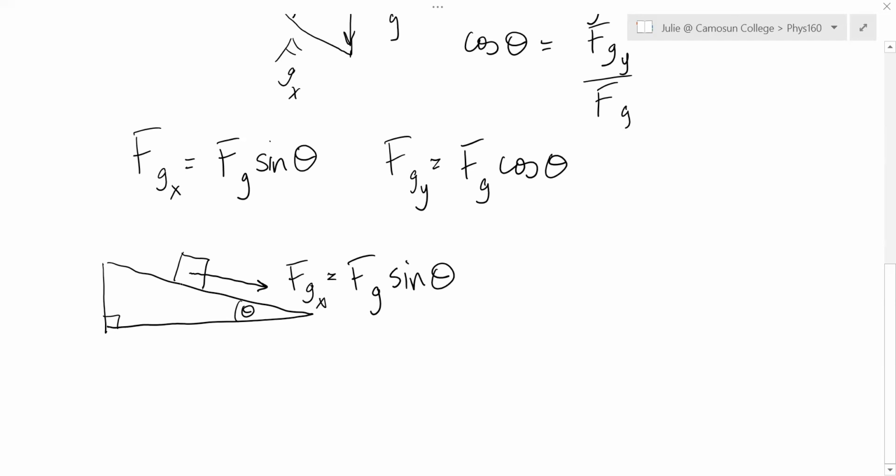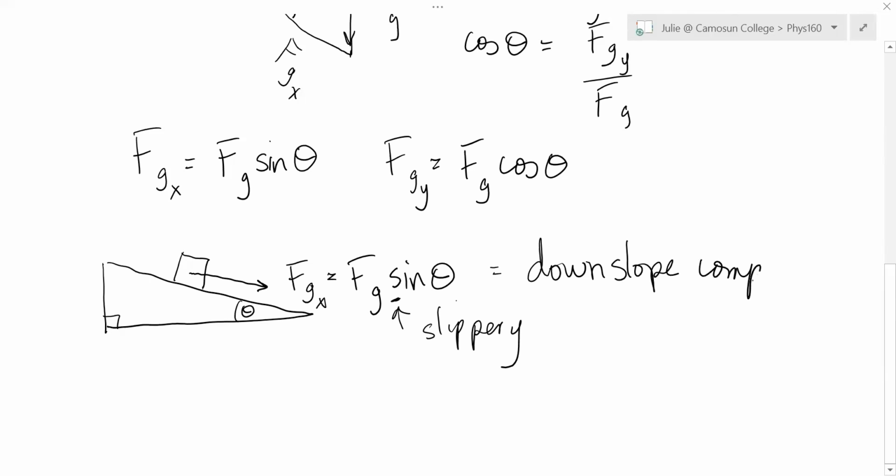I remember this is the slippery component of gravity. Slippery and sine go together, the S, slippery. Or sometimes you can call this the down slope component of gravity. Down slope, slippy slope, gravity.